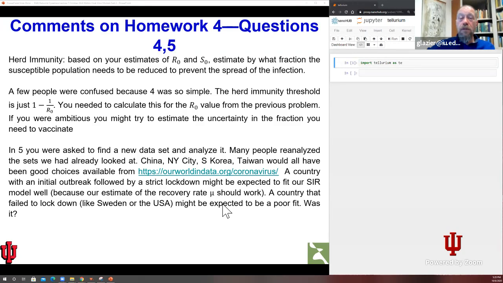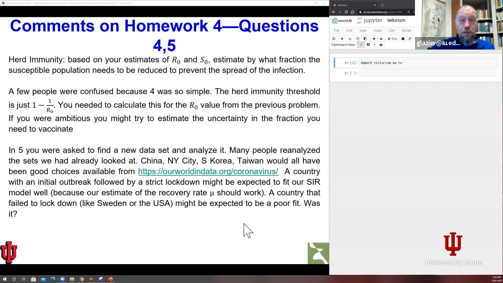Okay. Problem 4 was on herd immunity. Maybe that problem was so simple it confused people, but very few people actually just calculated the number, which is 1 minus 1 over the R naught you just calculated, and gave me the number back, which was all I was asking for.